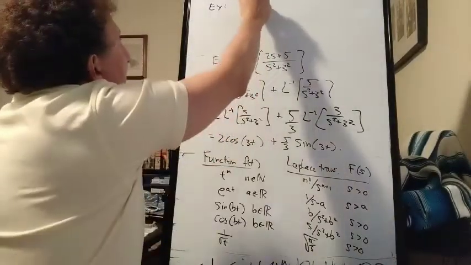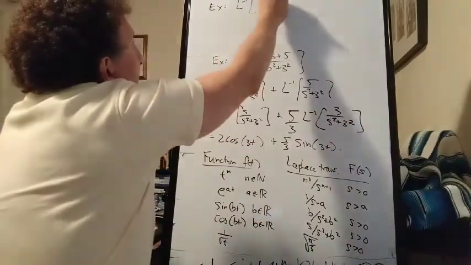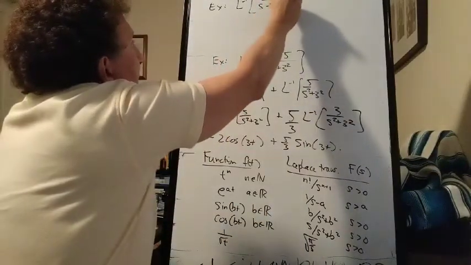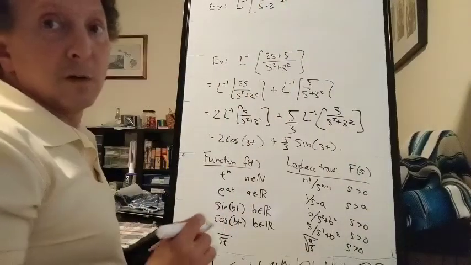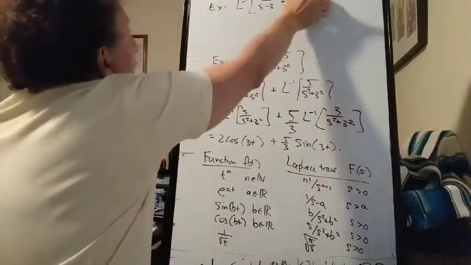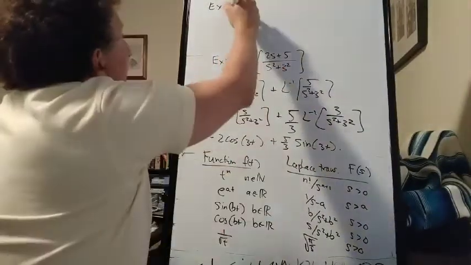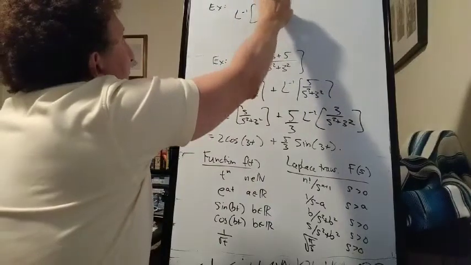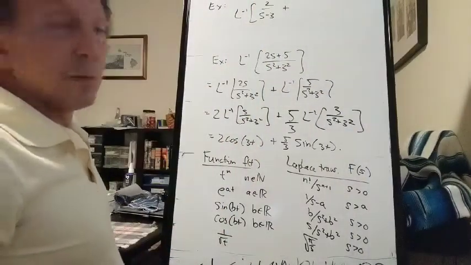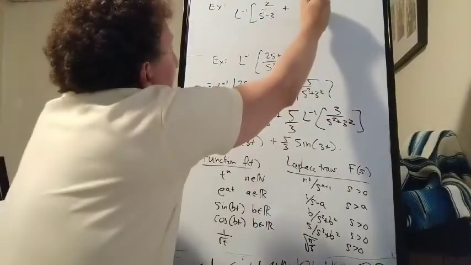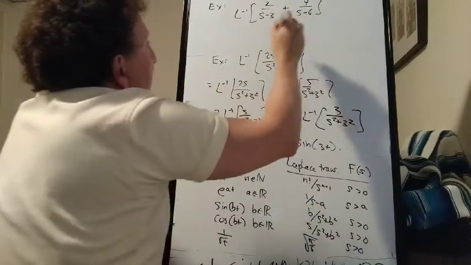All right, let's take L inverse of 2 over s minus 3 plus 4 over s minus 6.